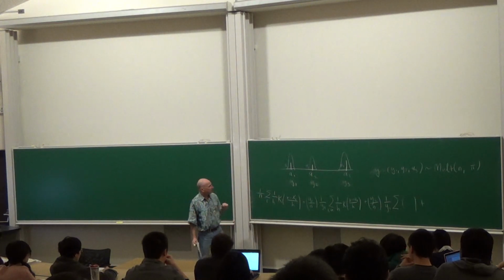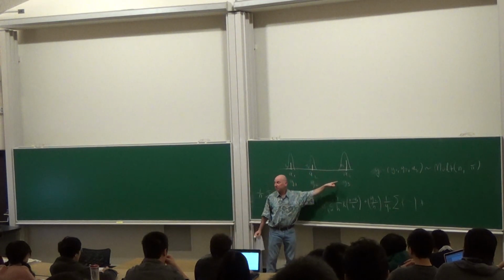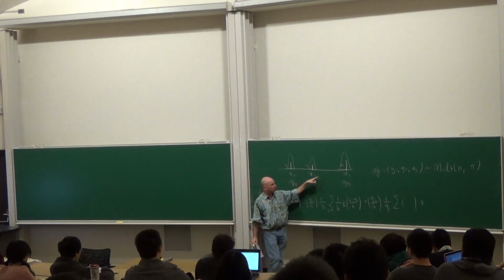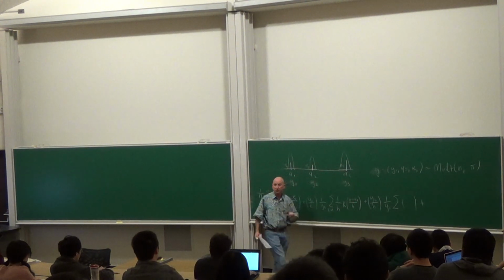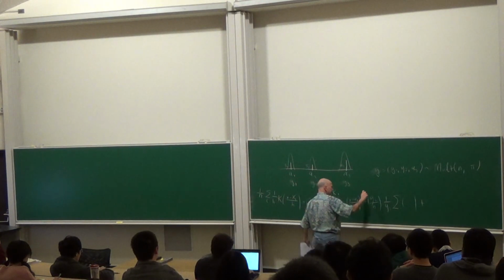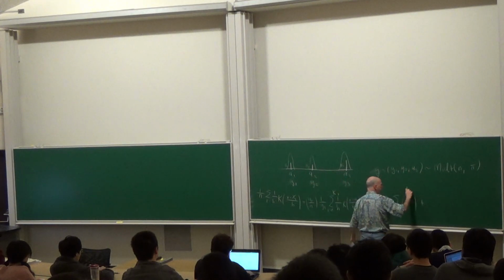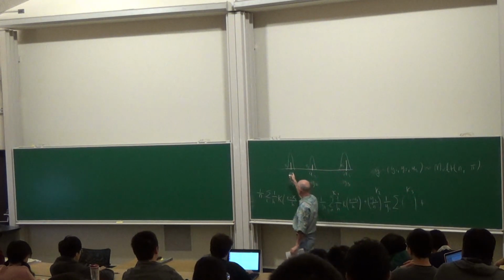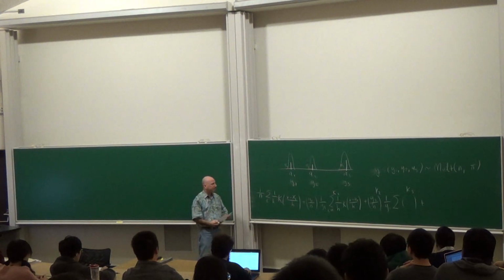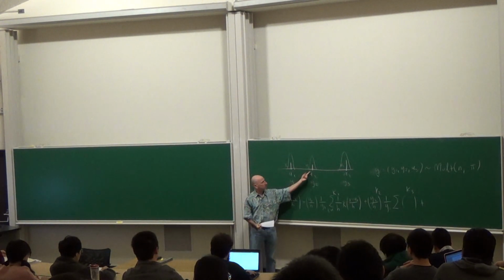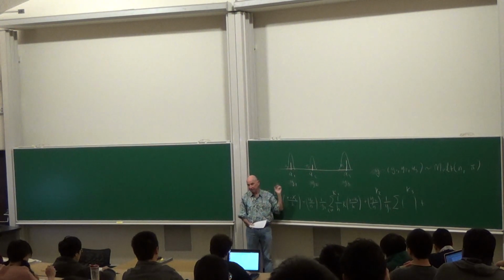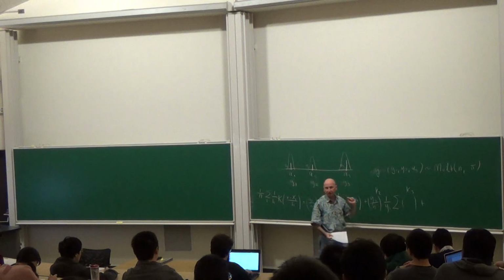So I hope it's clear now that as long as h is smaller than the distance between the a's, there's exactly 3 modes, one at a1, one at a2, one at a3, because each of these functions, if I call them k1, k2, k3, is a symmetric function maximized at a1, a2, and a3. So as long as h is small enough so that the kernels don't overlap, these are just three separate kernel functions now.